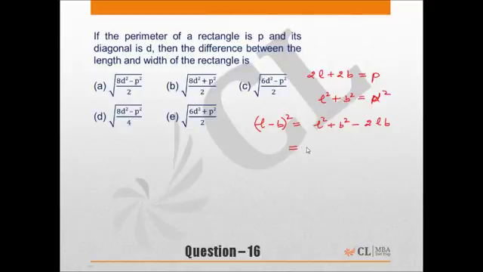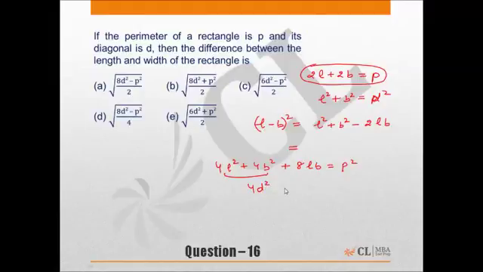Or if we square both sides of this equation, I'll be getting 4L square plus 4B square plus 8LB is equal to P square. So that is 4 into L square plus B square will give me 4D square plus 8LB is equal to P square, or I can say LB from here will be P square minus 4D square by 8.